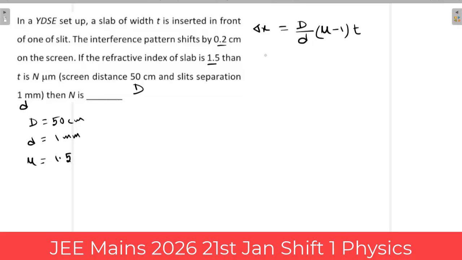We have to calculate T. So T is equal to delta x times small d divided by capital D times (mu minus 1).